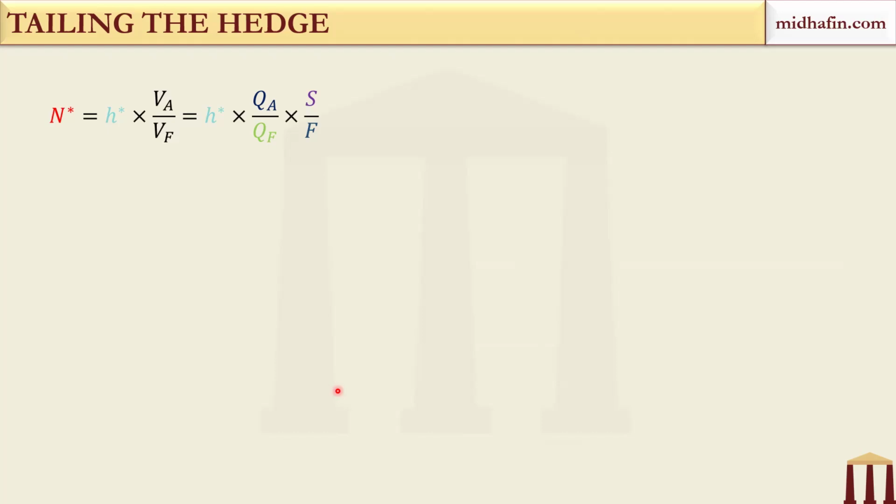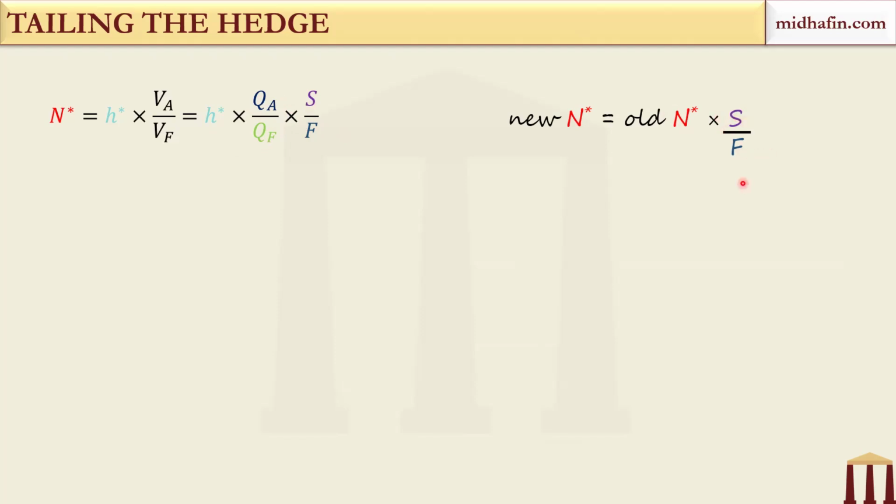Or what if the same person who hedged initially wants to make sure that their hedge ratio and the number of contracts is still optimized? In that case, you multiply QA by QF by S over F as well. So your new N star becomes your old N star, simply multiplied by this quantity S over F.